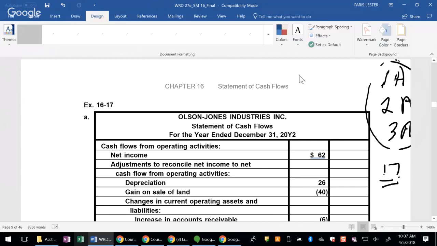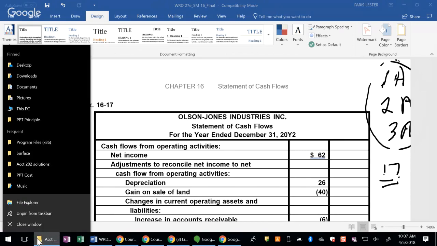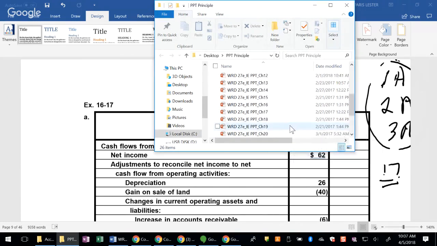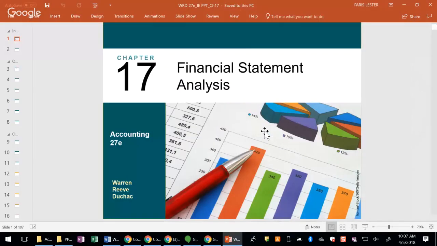All right, let me take a minute and bring up a PowerPoint here. I'm just going to spend about 10 minutes on this chapter. Now, on this next test, chapter 15, 16, 17.